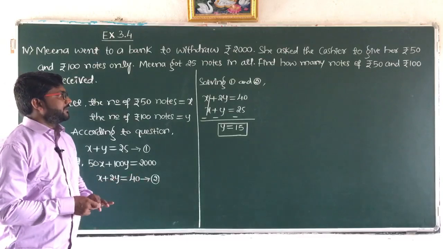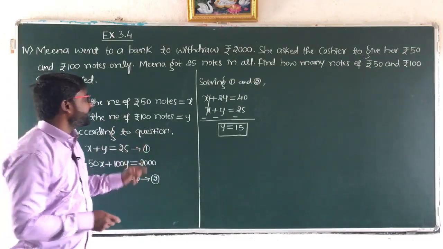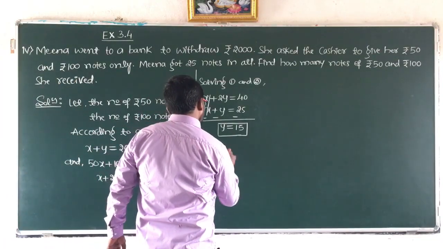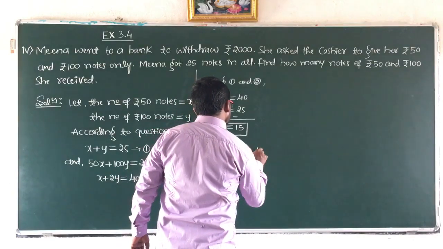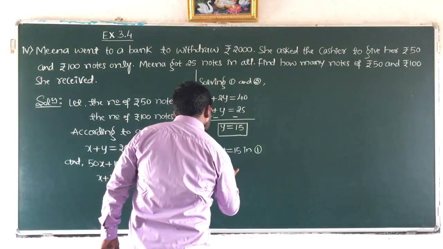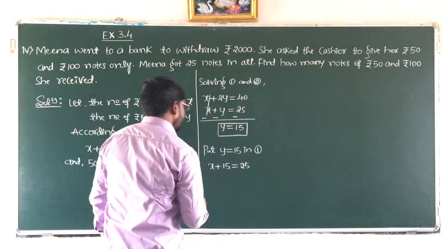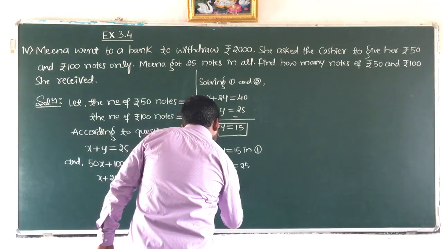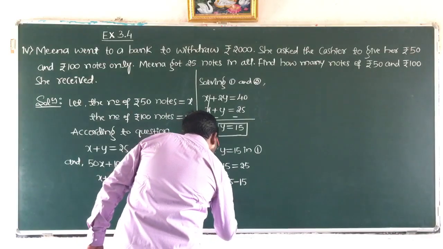Next, we have to go for the x value. Substitute y equal to 15 in equation number 1. So x plus 15, which is equal to 25, then x is equal to 25 minus 15, x is equal to 10.